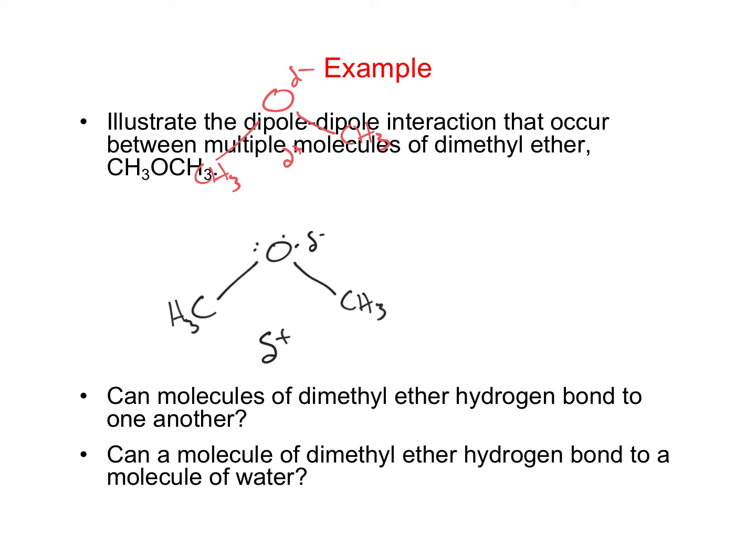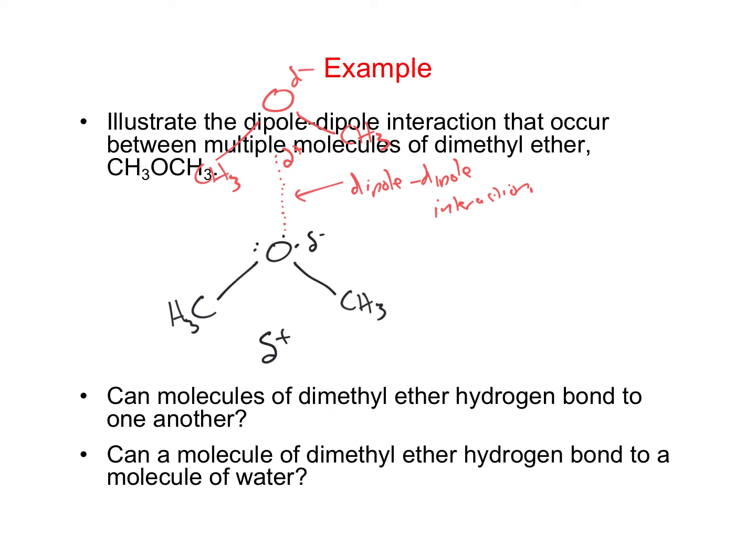Right, it's the partial negative end of the black dimethyl ether interacting with the partial positive end of the red dimethyl ether, and this is our dipole-dipole interaction.